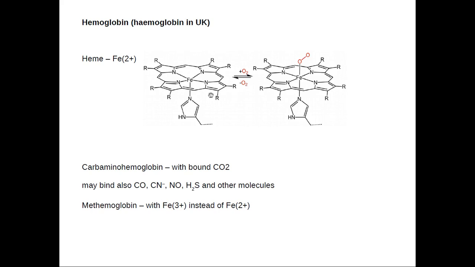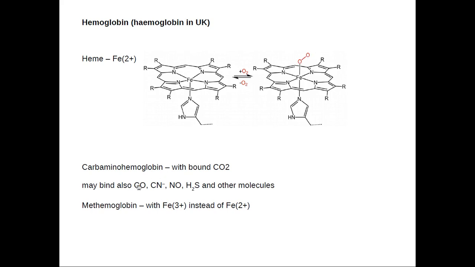It's a porphyrin ring with iron 2+ in the center, and by a coordination covalent bond it's interacting with one of the histidine residues in the structure of hemoglobin, and the opposite side of the iron atom is ready for binding of oxygen. So the binding of oxygen takes place here.